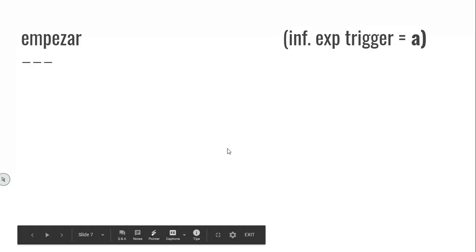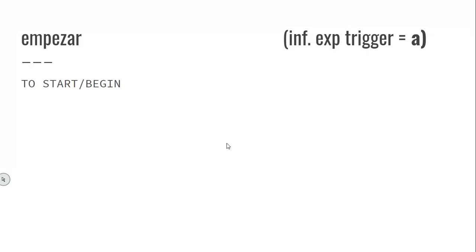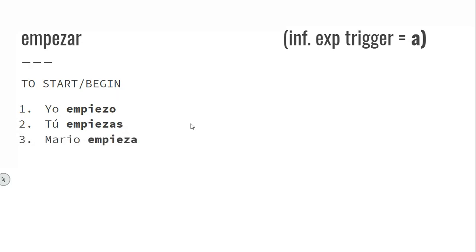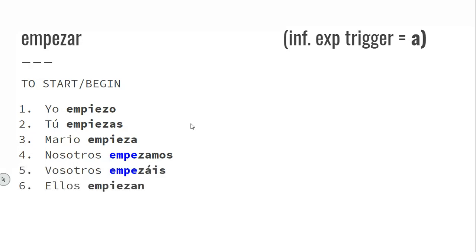So we're going to start with this verb, empezar, which means to start or to begin, okay? So we want to notice, where are we making a change? Yo empiezo. Tú empiezas. Mario empieza. Nosotros empezamos. Vosotros empezáis. Ellos empiezan.